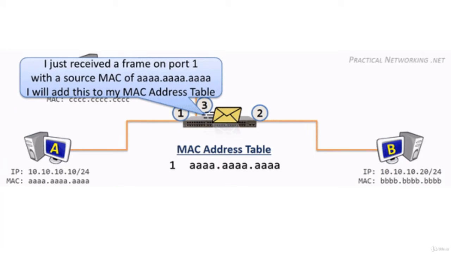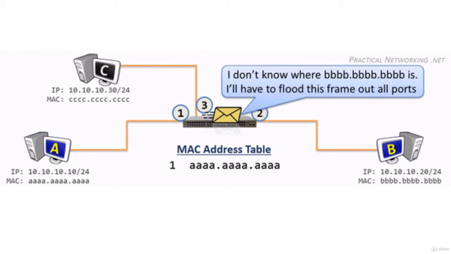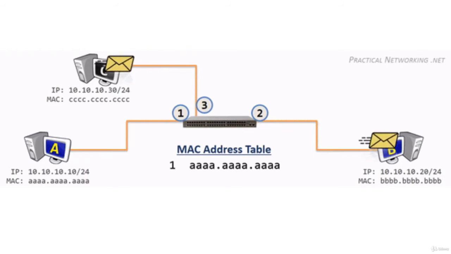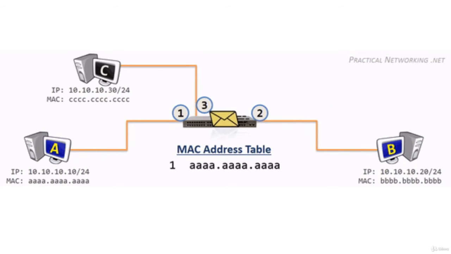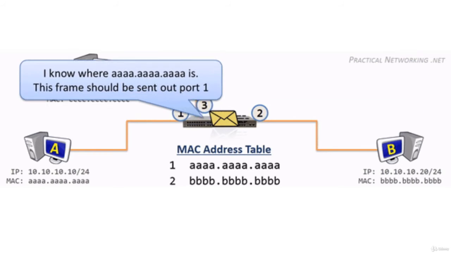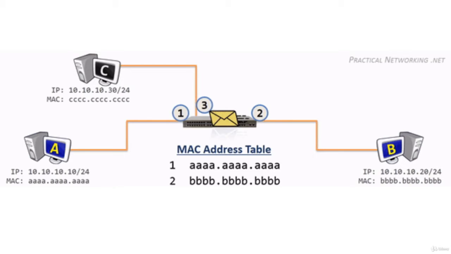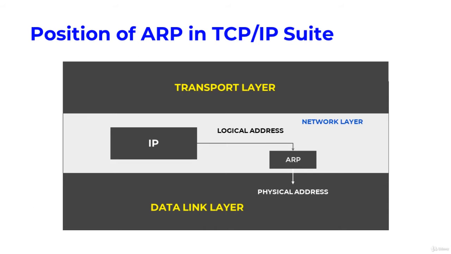The device then sends an ARP request message containing the IP address of the receiving device. All the devices on a local network segment can see the message, but only the device that has that IP address responds with the ARP reply. The sending device now has enough information to send the packet to the receiving end. In short, ARP translates the 32-bit logical address to 48-bit physical addresses and vice versa.